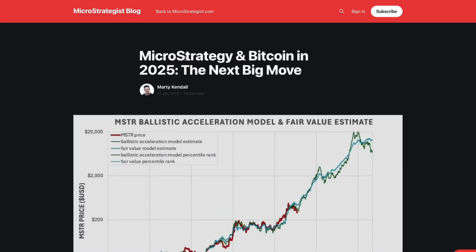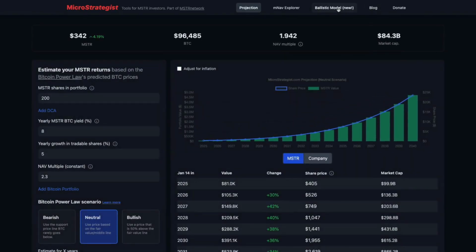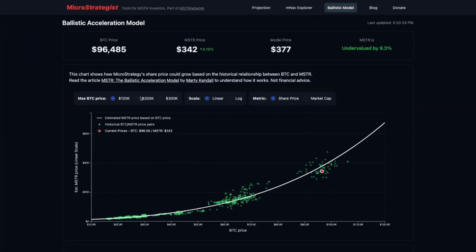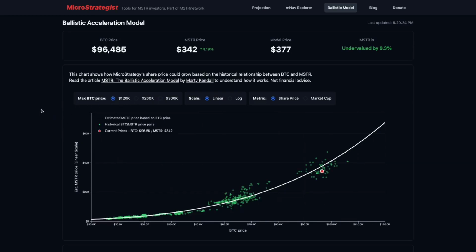And then we're going to go back to the MicroStrategist website and we're going to go to the ballistic model up here. Okay, so if the power law is predictive, Marty Kendall's model here should be panning out. We should be going up and to the right throughout 2025. And that is also based on the power law.